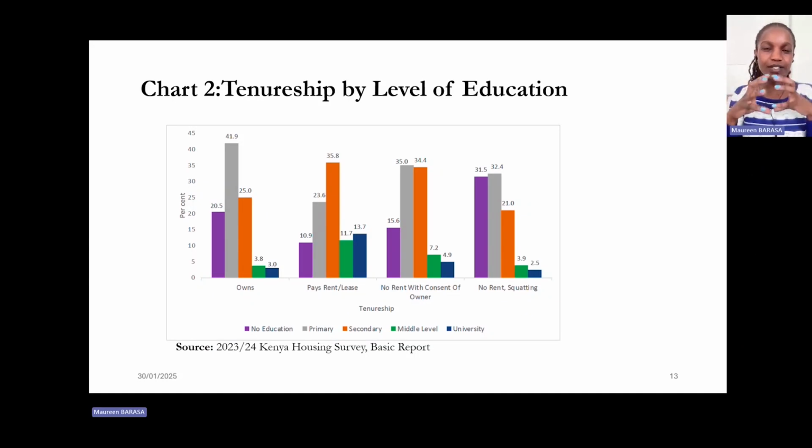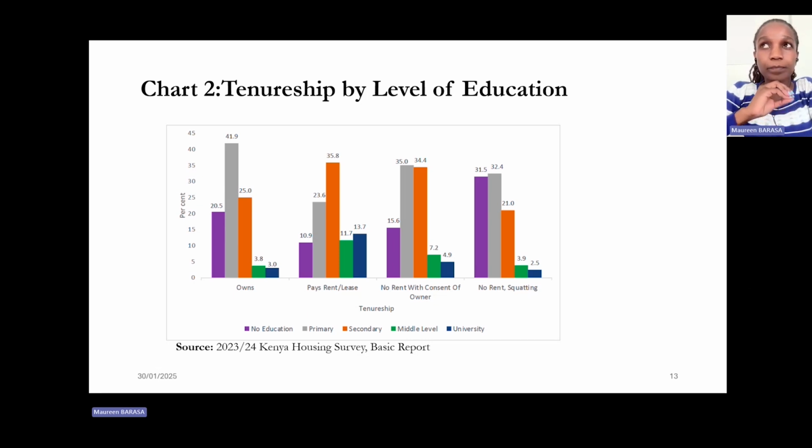They did it according to a certain sample number, so it does not generalize ownership as majorly a primary education thing.